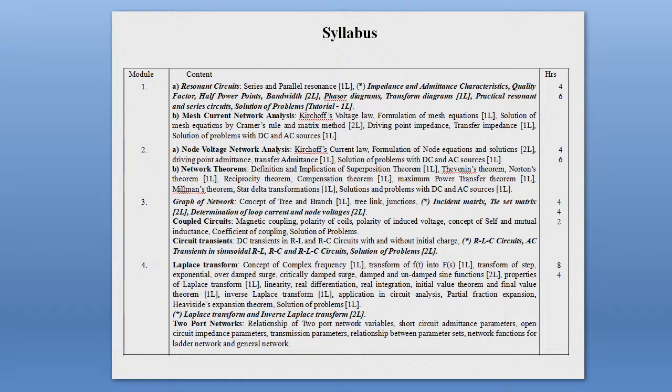Third module refers to graph theory and also coupled circuits. And fourth module includes Laplace transform and two-port networks. In this course, we will cover these 4 modules. Everyone, please see the topics associated with these 4 modules.